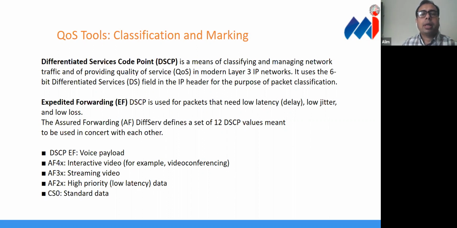So for marking, the differentiated services code point, DSCP, is used. It is just a code at the layer 3 IP protocol, and there are different DSCP values.